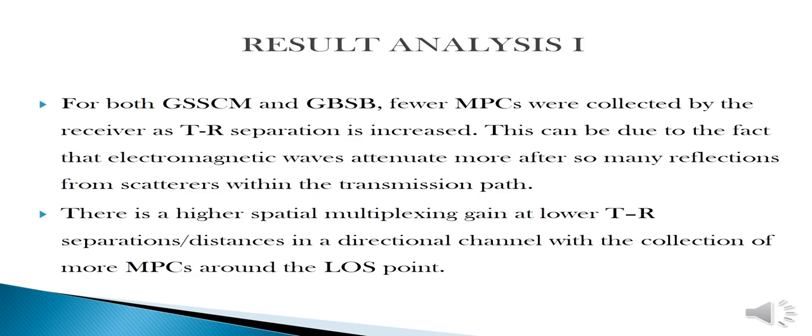Secondly, there is a higher spatial multiplexing gain at lower TR separation or propagation distances in a directional channel, with the collection of more multipath components around the line of sight point. The line of sight point is usually the 0 degrees point, or the point at which the angle of arrival is 0.